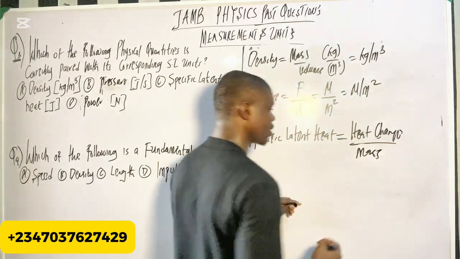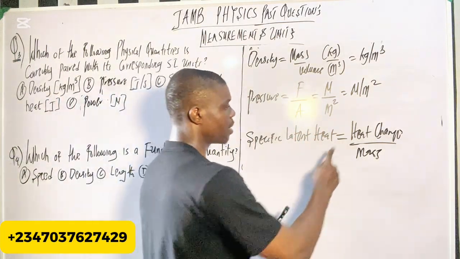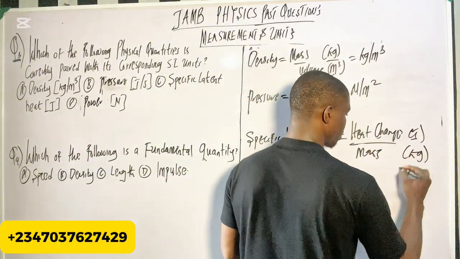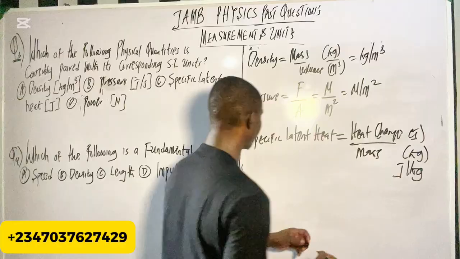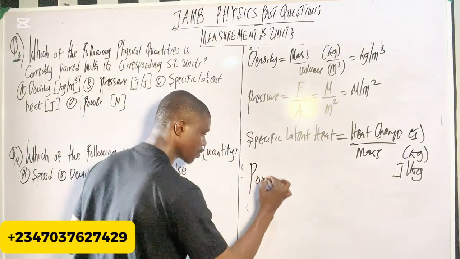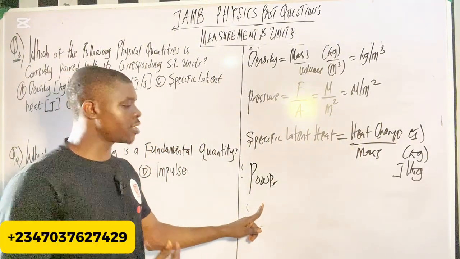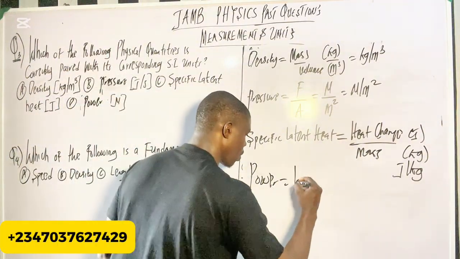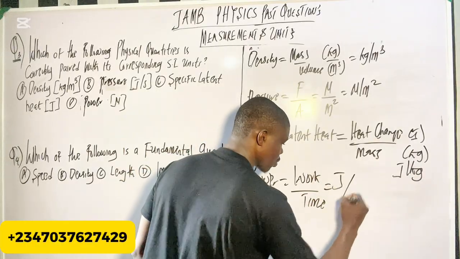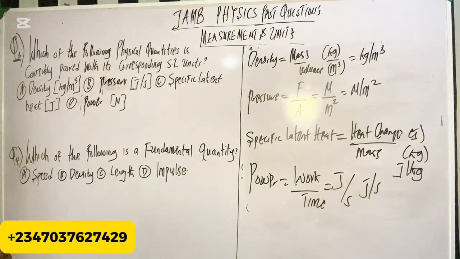That is heat change per unit mass. Remember, heat is in joules and mass is in kg, so it is joules per kg. Then we have power. Remember, power is the rate at which work is done, or the rate of doing work. So it would be work over time, which is joules over seconds, joules per second.